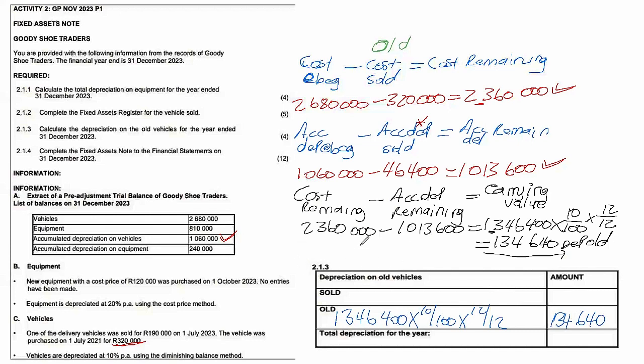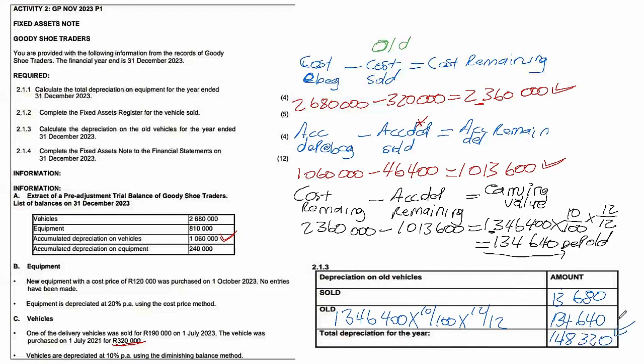Remember again, depreciation on vehicles sold is under your fixed asset register. That current depreciation on 1st July 2023, we got 13,680. Right. So the total depreciation for the year ended on behalf of our equipment will be 148,320.